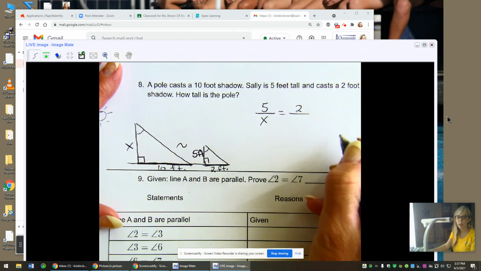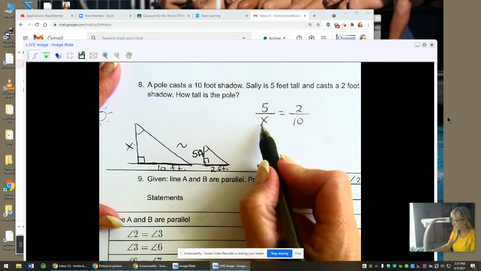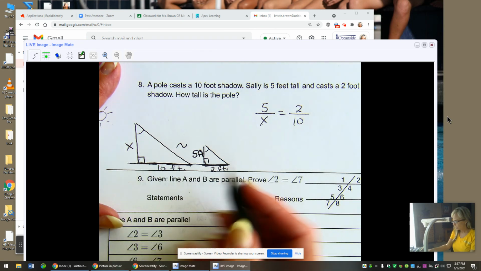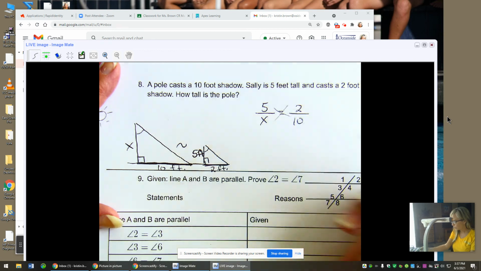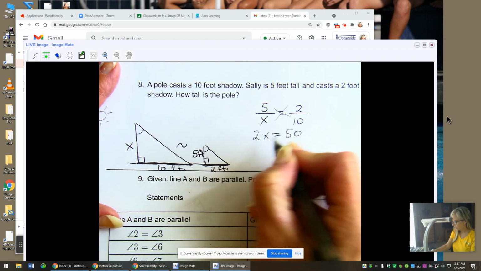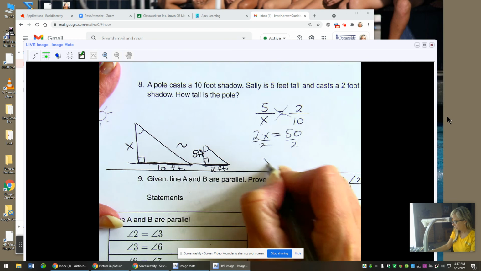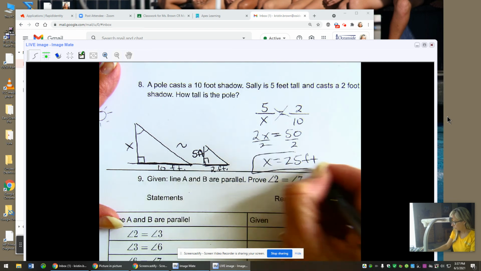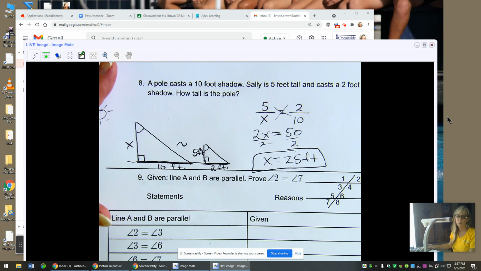It's in the same spot. What corresponds to 2 is 10. And again, the x and 10 are in the same figure. We've got our proportion set up. Cross multiply. We get 2x is equal to 50. And divide by 2, and x is 25 feet. The pole is 25 feet tall.